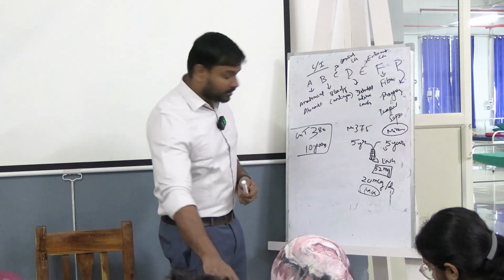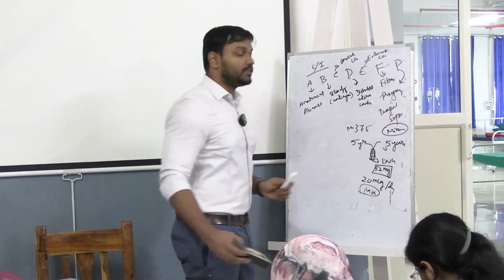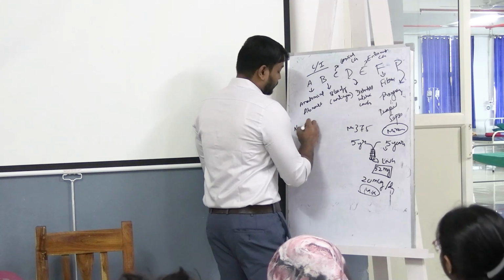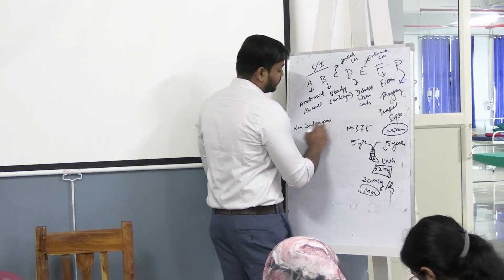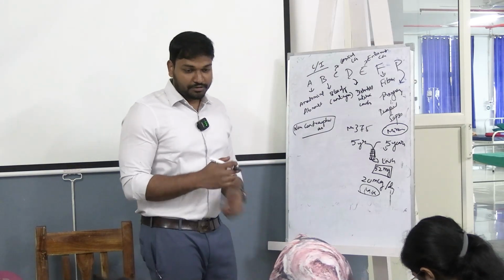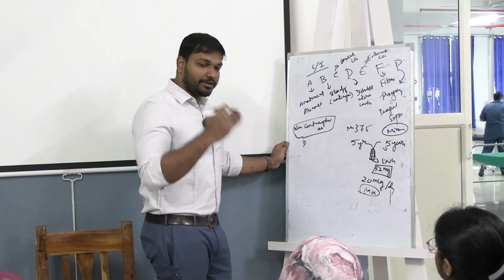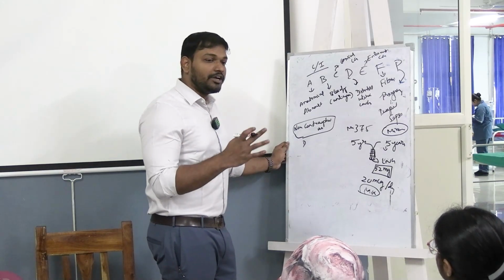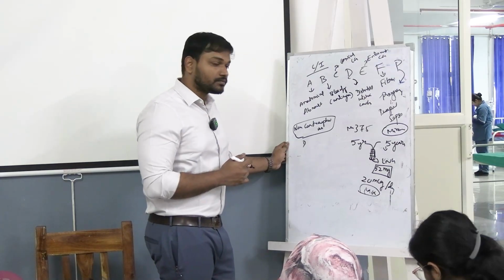Now you will tell me what are all the non-contraceptive uses of Mirena? Apart from contraception, where all will we use Mirena? Progesterone, what does it do? It causes endometrial growth, it makes the endometrium grow.